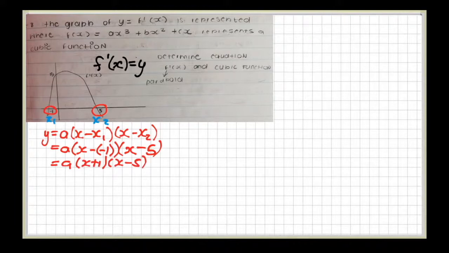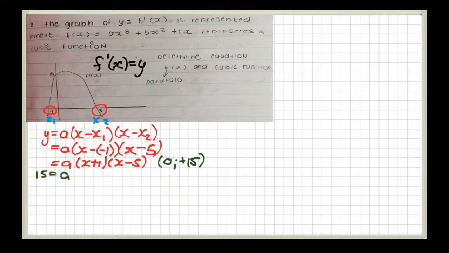A nice little trick that I love to use with functions and graphs is, can I read off or deduce the value of a from the graph? The answer is simply no, I can't do that. So what I have to do is substitute a coordinate in. Well, they give me (0, 15) lies on the graph. So y becomes 15.